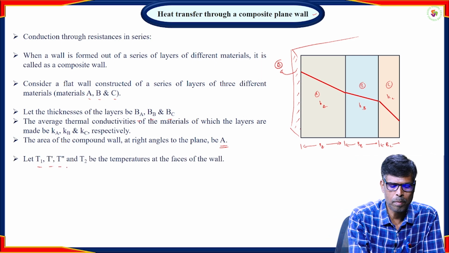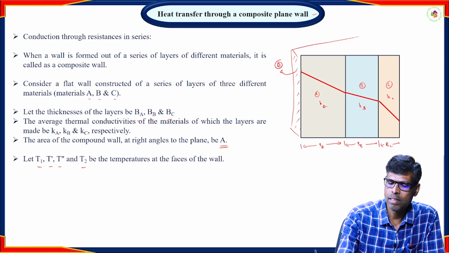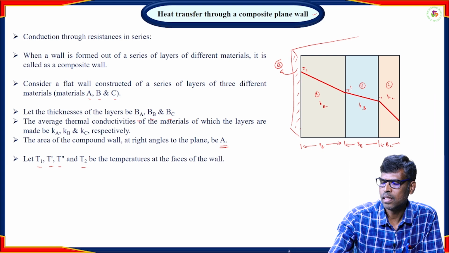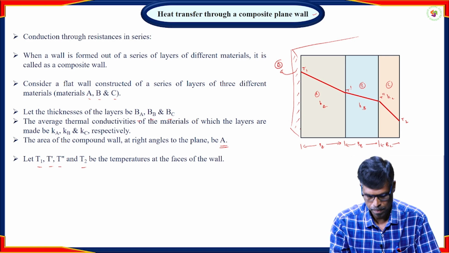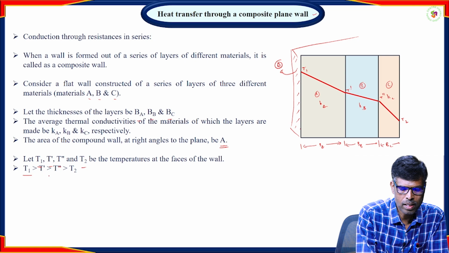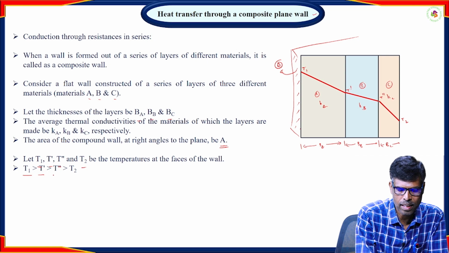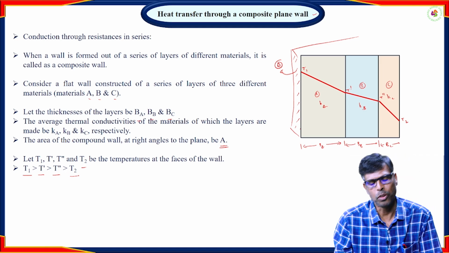T1, T dash, T double dash and T2 are the temperatures at the faces of the wall. T1 is greater than T dash, which is greater than T double dash, and T double dash is greater than T2.